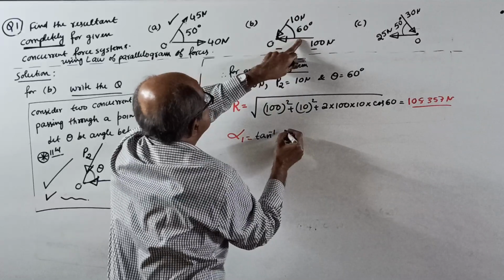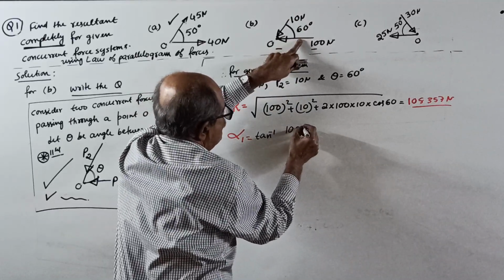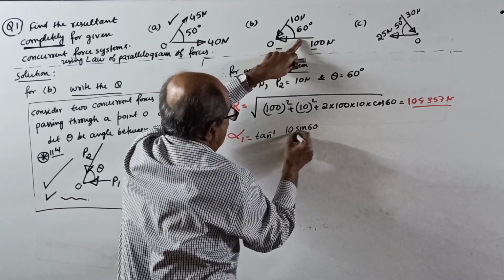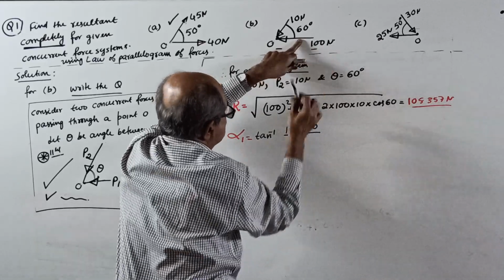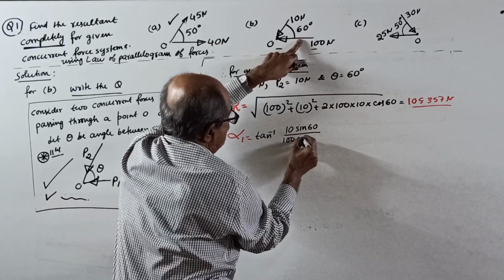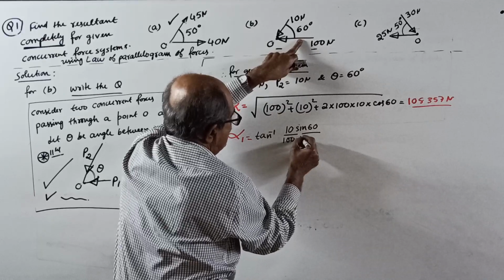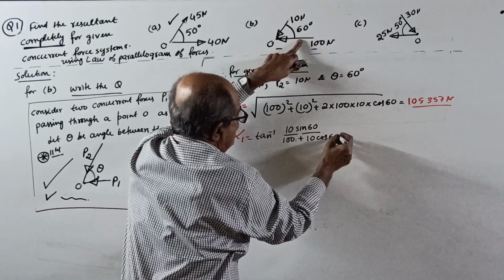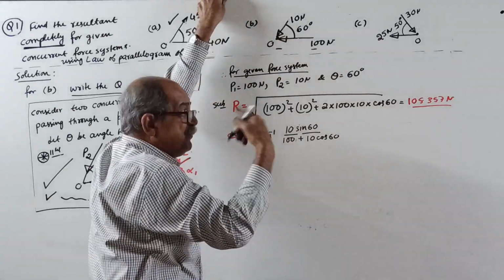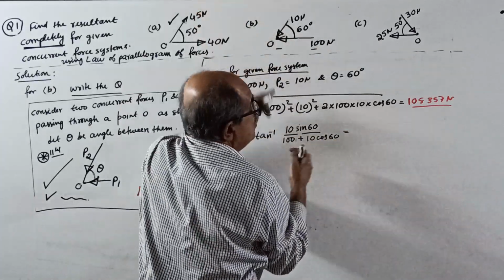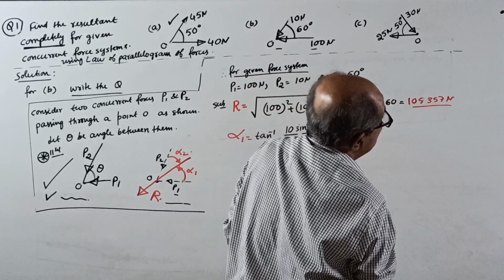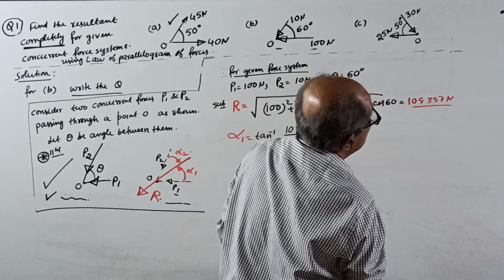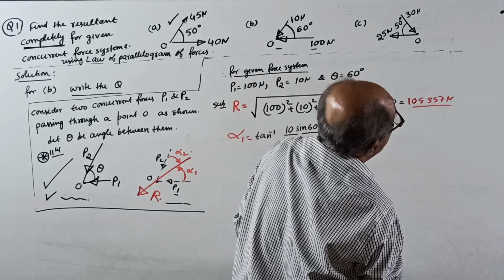Other force 10 into sine of the angle, sine 60, divided by this force 100 plus once again the other force 10 into cos 60. Sine and cos will come for the other force. The answer will come. Where is the answer? I noted it down there. Small angle.